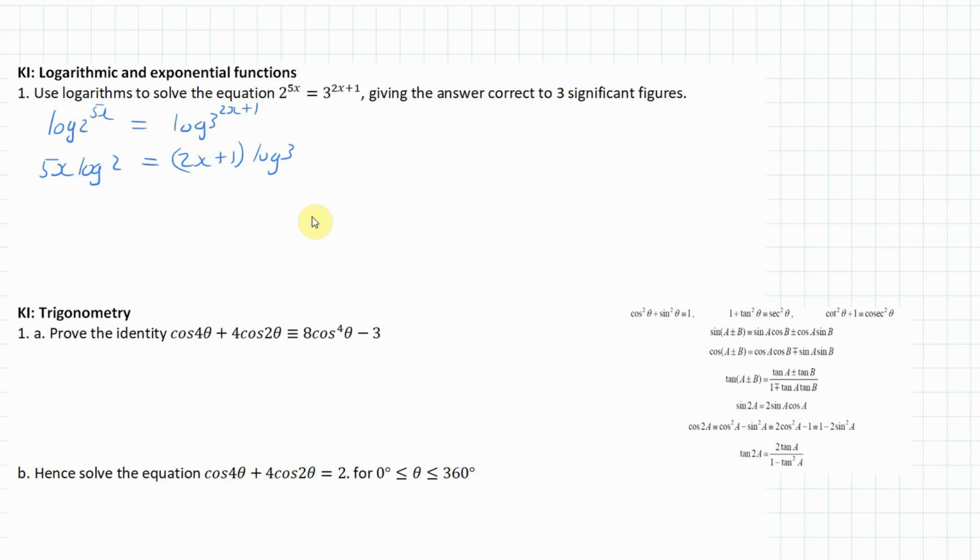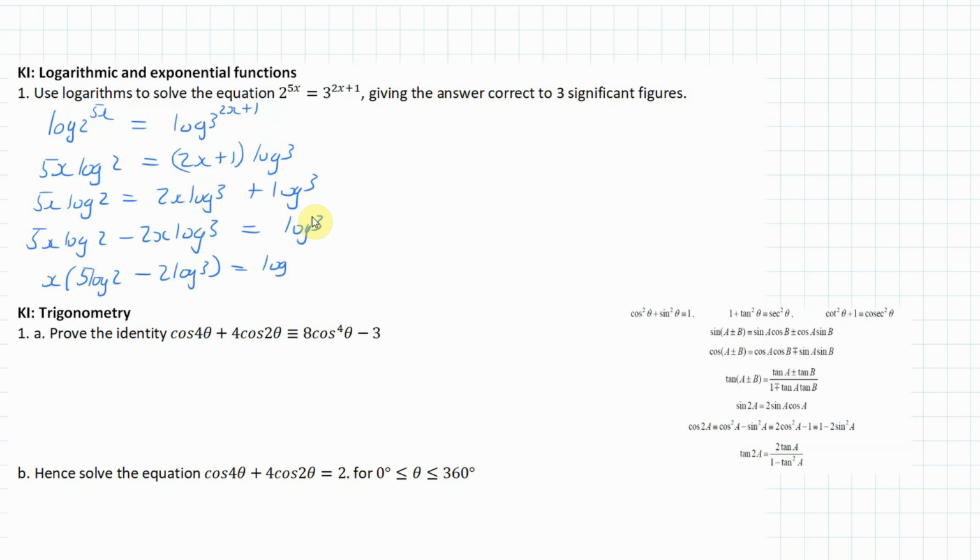And I can expand that right hand side. I'm going to bring the x's over to one side so I can factorize them, so I'll get this. There, factorize at this point. So I get x(5 log 2 minus 2 log 3) equals log 3.